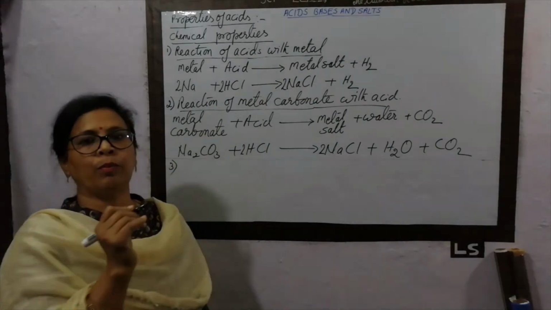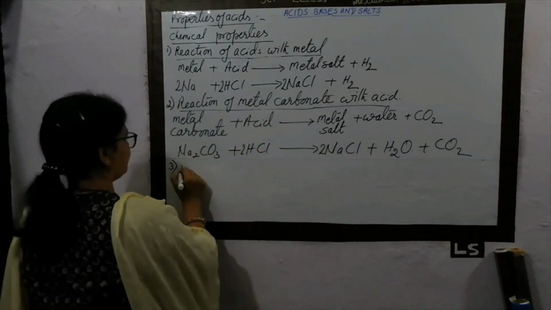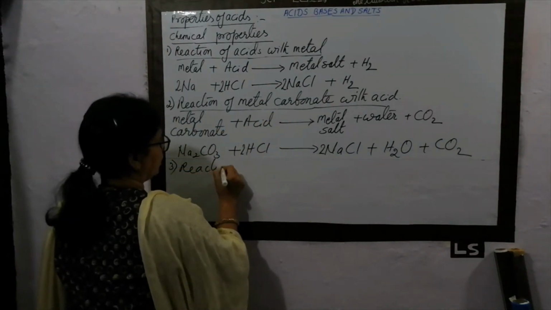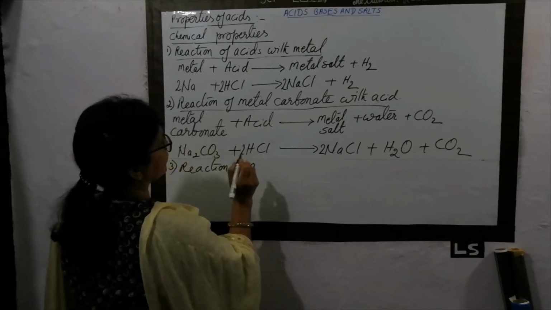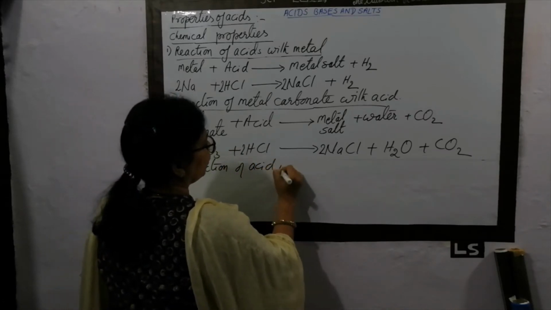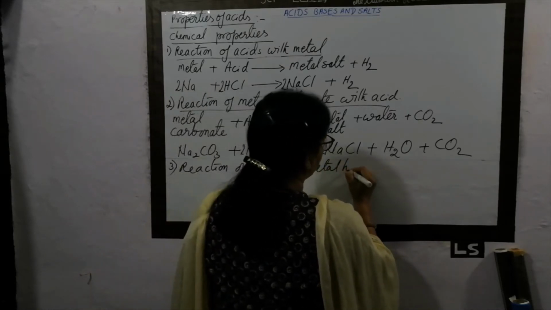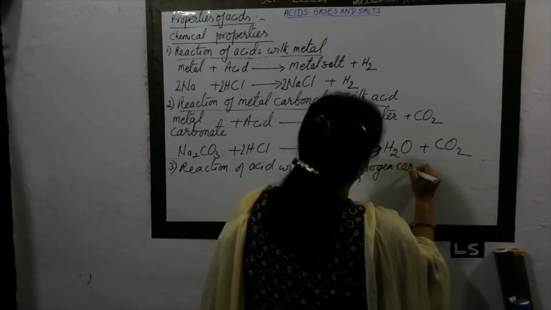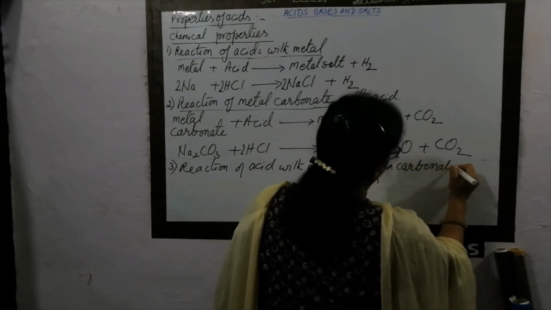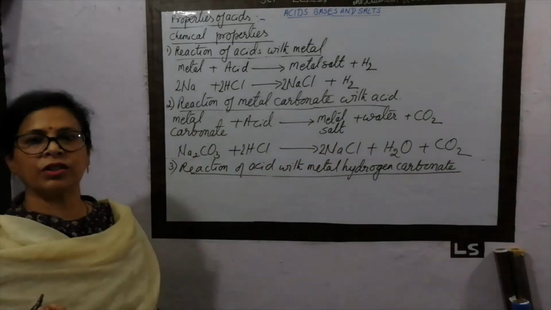The third chemical property is reaction of acid with metal hydrogen carbonate. Now what happens when an acid reacts with the metal hydrogen carbonate?